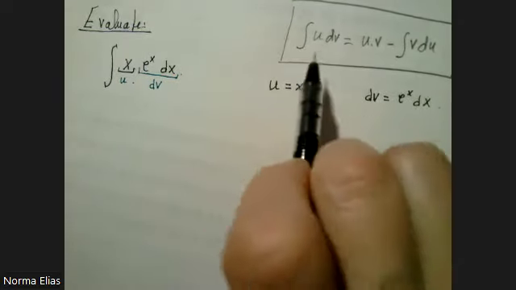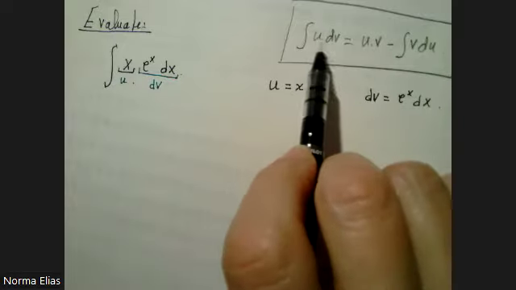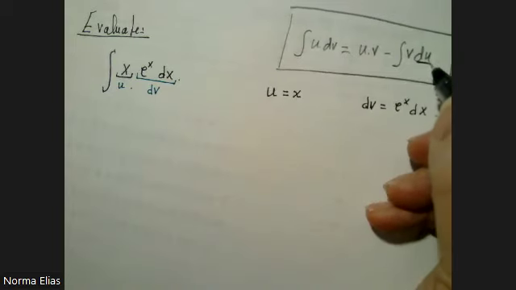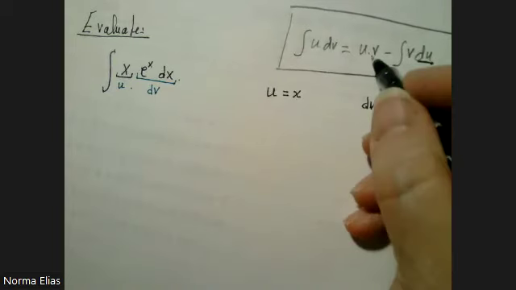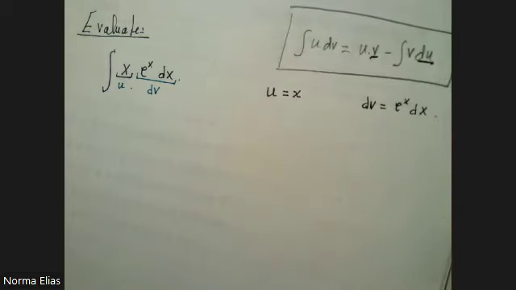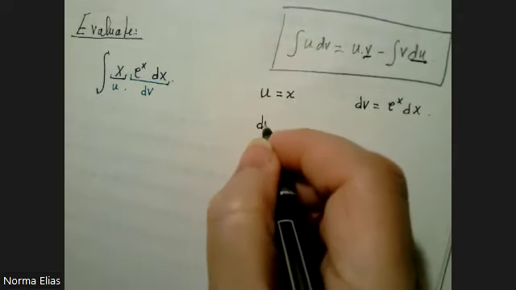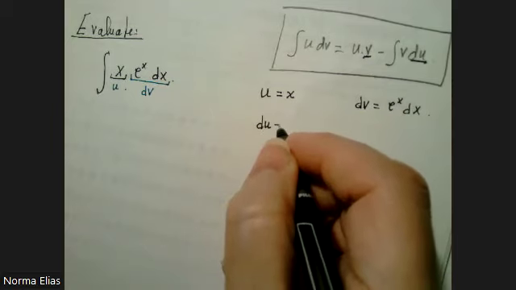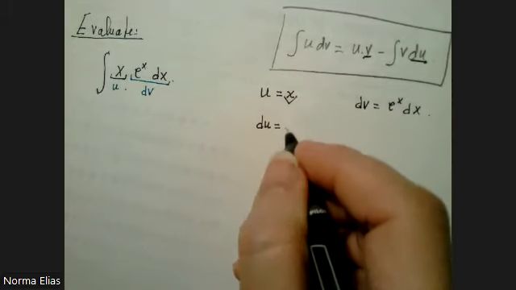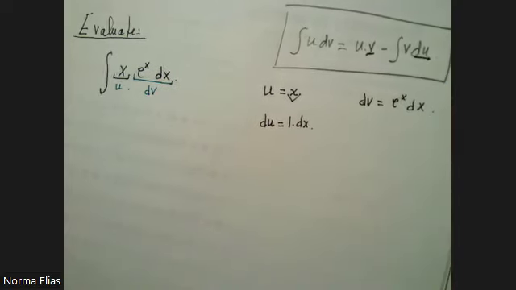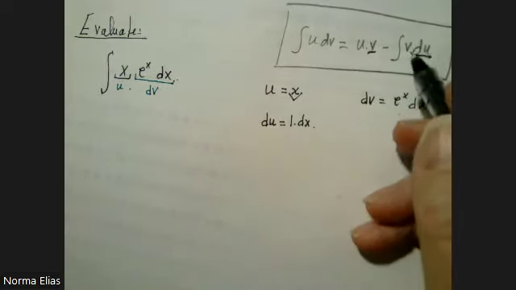Now, to apply the formula, I have my u and I have my dv. The formula will require me to find the du and to find the v. So before we proceed any further, we have to find them. This is my u, so I need to find the du. The du means the derivative of that times dx. For dv, I need the antiderivative.